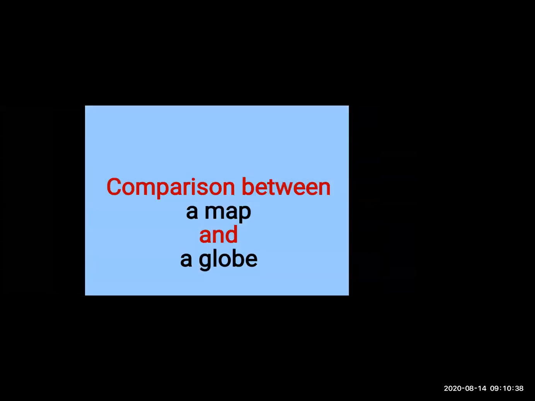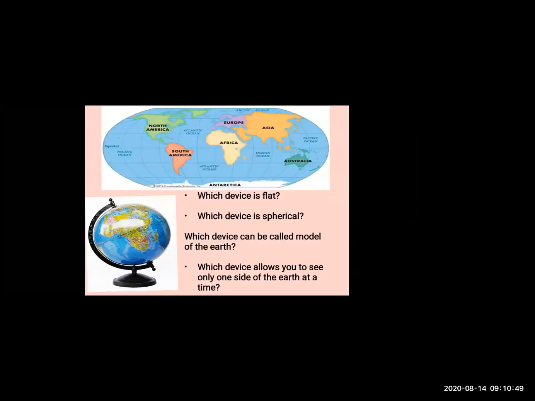So that was about the last chapter. Now in this chapter, we are going to compare a map and a globe. See, here I have shown two pictures: the first one is a map and the second one is a globe.